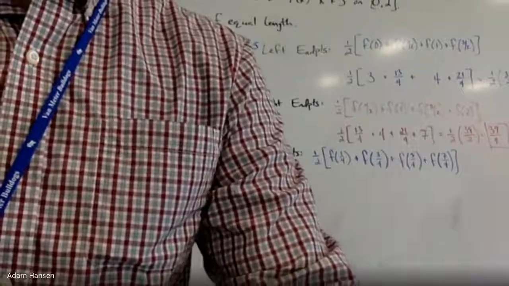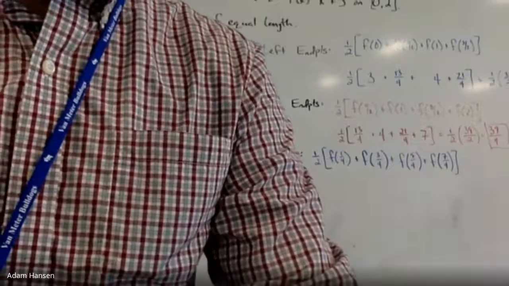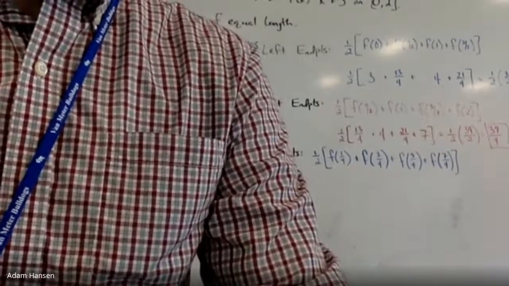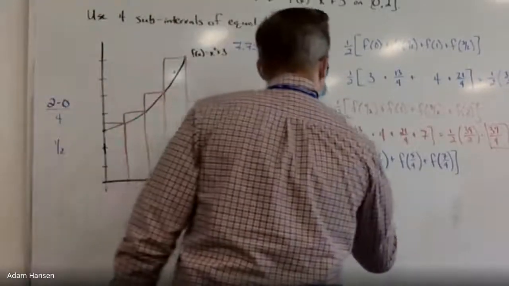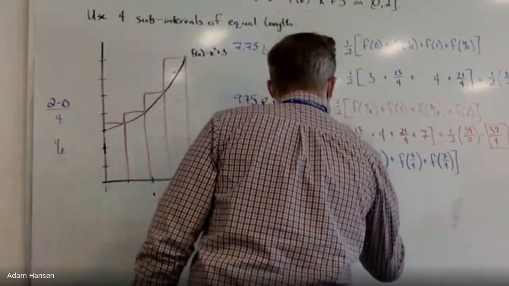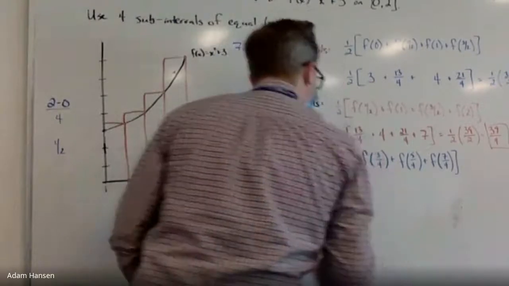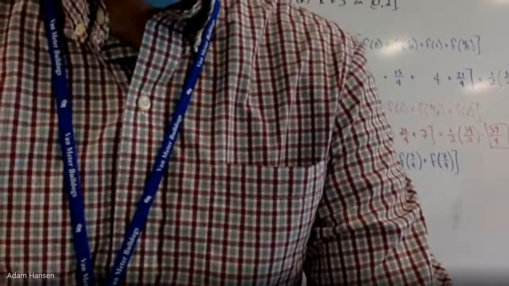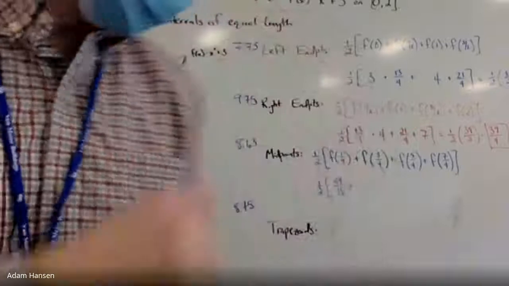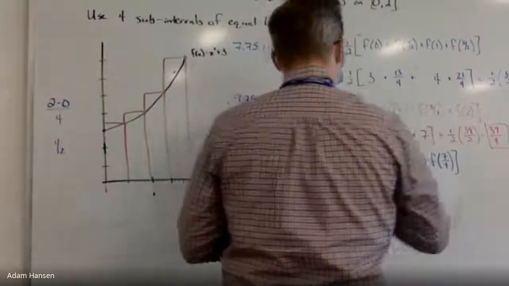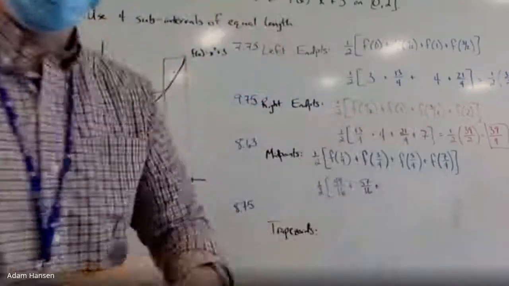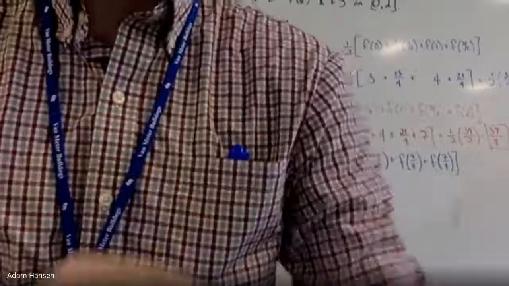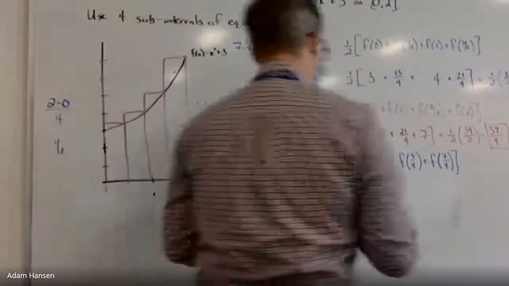Let's see, so we're going to have 1/4 squared plus 3, 49/16. 3/4 squared plus 3, 57/16. 5/4 squared plus 3, 73/16.